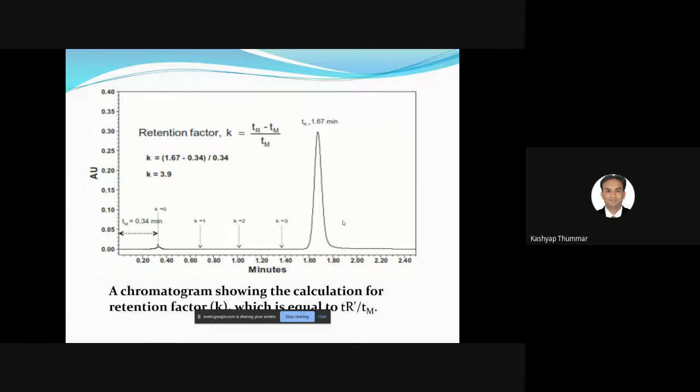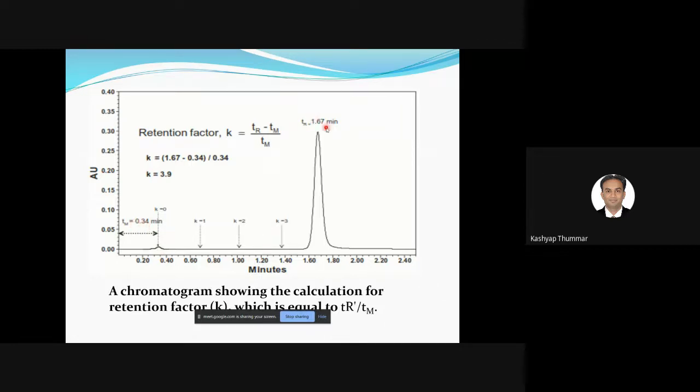For our previous example, the retention time is 1.6 minutes, and Tm, the first baseline disturbance, is 0.34 minute.